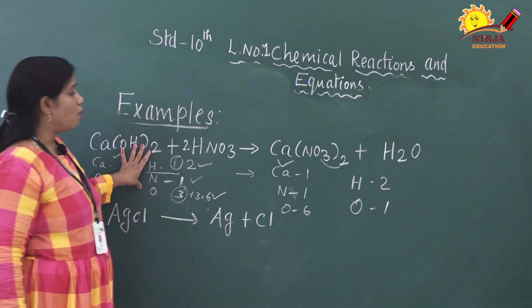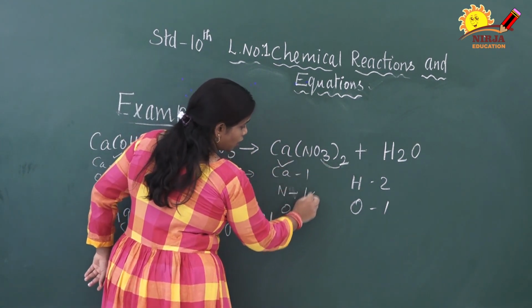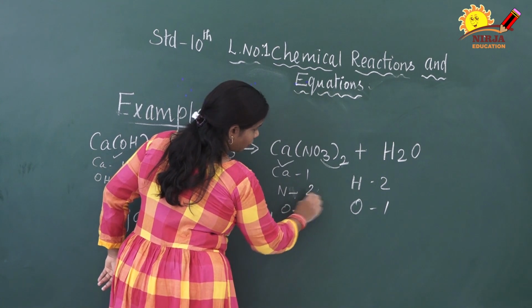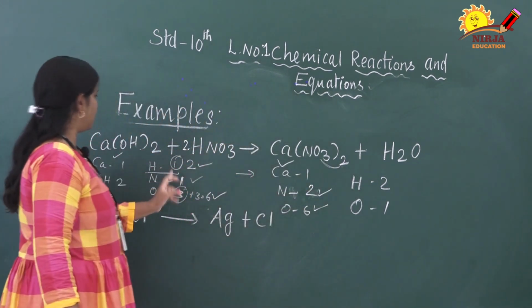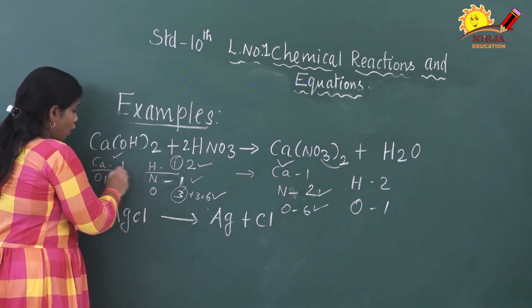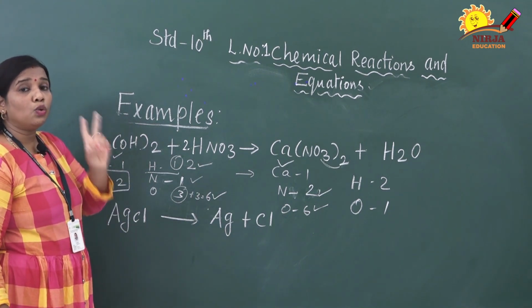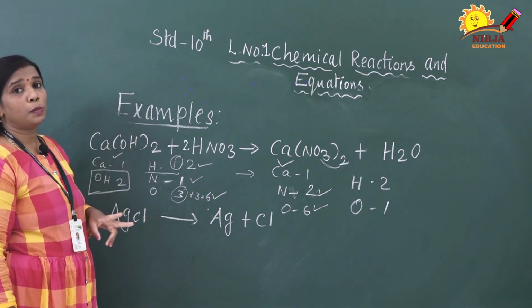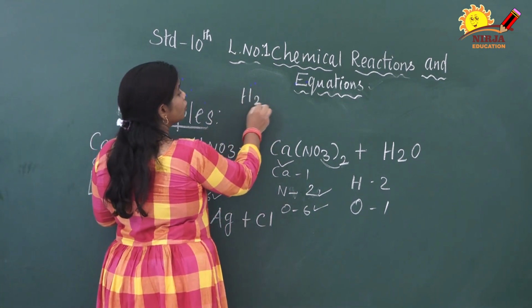Clear? Now if you see here Ca(NO3)2, N is 2. So here 2, oxygen 6. Balance. Now you see here calcium, along with that calcium what is present? (OH)2. There is 2 oxygen, 2 hydrogen is present. So one water molecule needs how many oxygen?